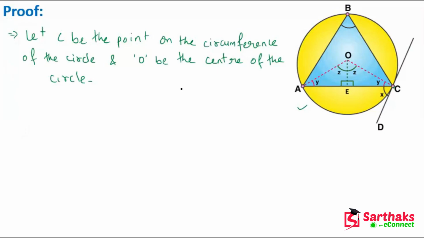Now assume that this line CD is passing through point C, and which is a tangent. So here we can say that DC is the tangent of the circle.